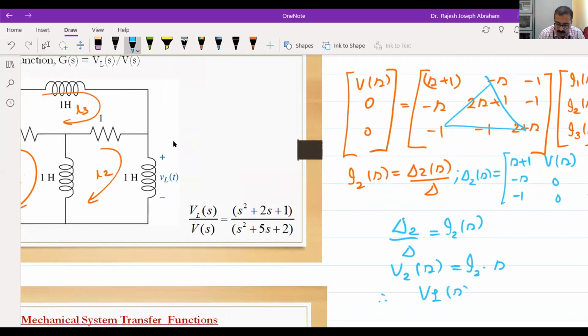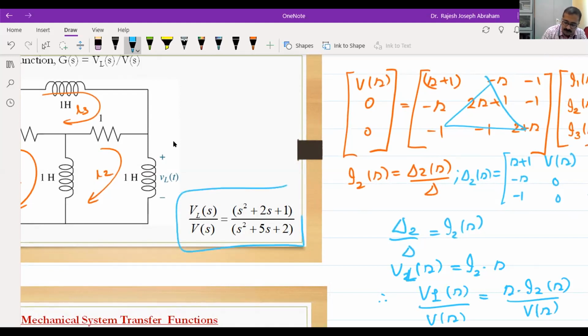VL of S divided by V of S will be what? S into I2 divided by V of S. Okay, and that should turn out to be this value. This must be the transfer function. S square plus 2S plus 1 divided by S square plus 5S plus 2.